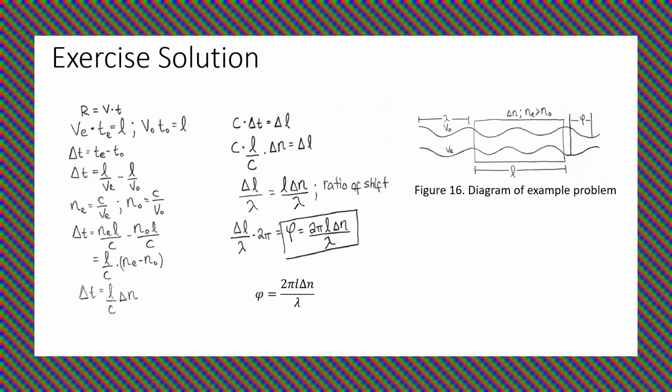Here we have the range equation, which is v times t, and we can apply it to the diagram. For the velocity, the time it takes to pass through the medium would be L over v, which is given by those two equations.